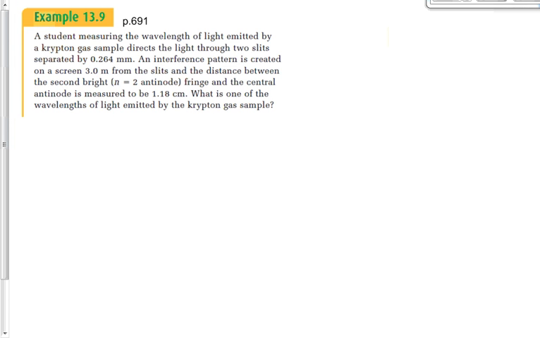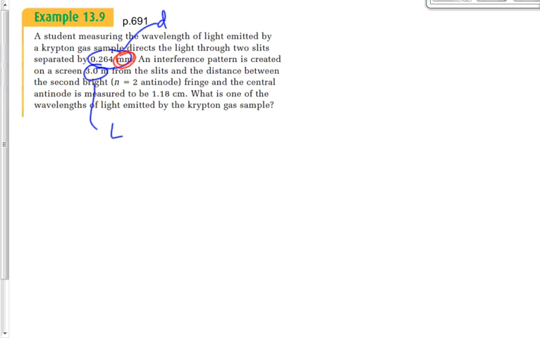Let's take a look at another example here. This one says a student measuring the wavelength of light emitted by a krypton gas sample directs the light through 2 slits that are separated by this distance. This is going to be d. But we want to circle that in millimeters because we don't want to be in millimeters. We want to be in meters. The interference pattern is produced on a screen that's 3 meters from the slits. That's going to be L, right?